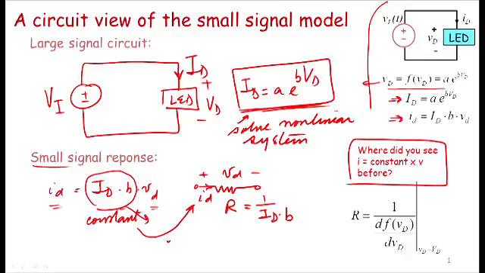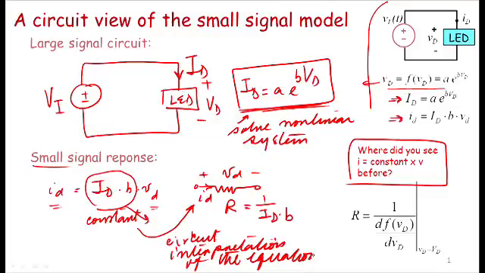So all I'm doing here is taking a circuit interpretation of the equation. All I've done is taken a circuit interpretation of my ID equals constant times VD equation, and that is no different from ID being related to VD according to a resistor relationship, where I picked 1 divided by this as the resistance.